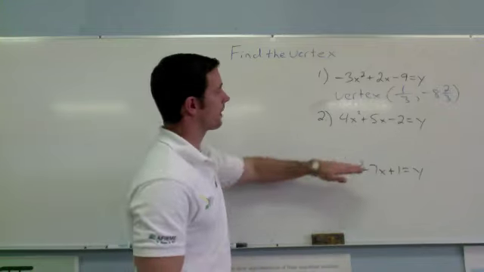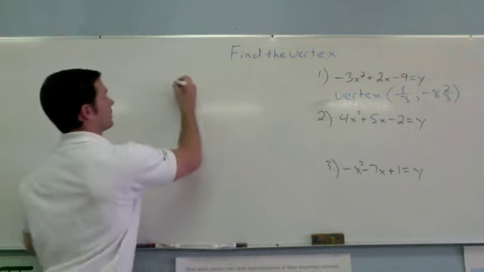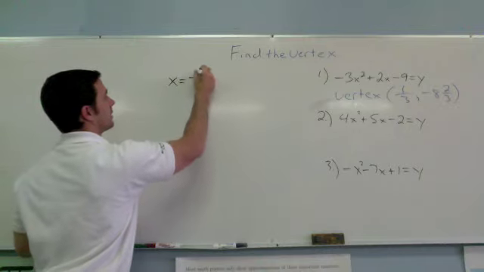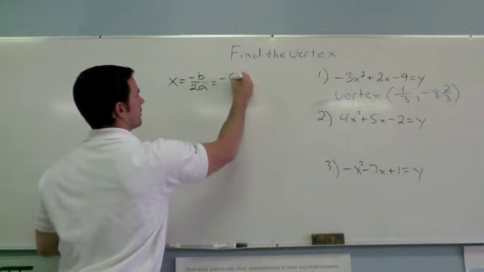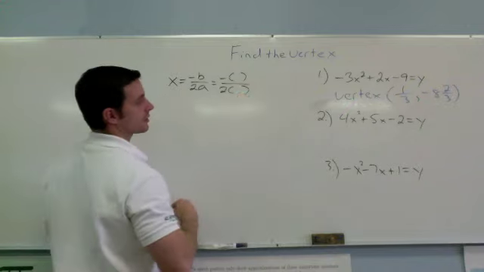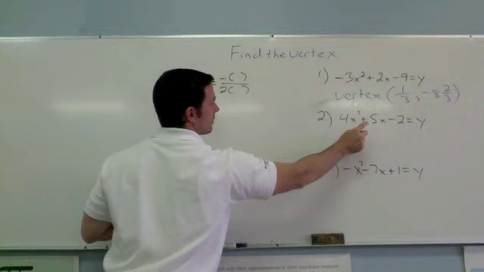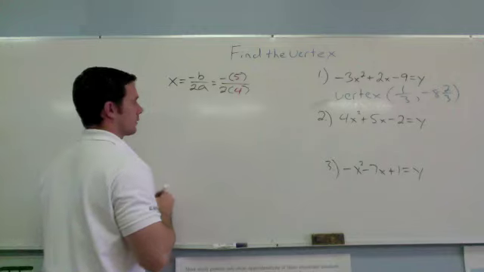Again, looking for my vertex, start with your axis of symmetry. So that's x equals negative b over 2a. That's negative, use parentheses, over 2 in parentheses. My b value is 5, my a value is 4. So that's 5 and 4.